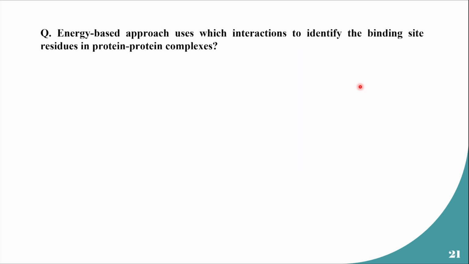Okay, sir. So for example, here we have another question. It is asking about an energy-based approach to identify the binding region in protein-protein complexes. Which sort of interactions are used to calculate or identify the binding region or the binding site? We also talked earlier about binding free energies and so on, right? So what were some of the constituting components in those binding free energy calculations?